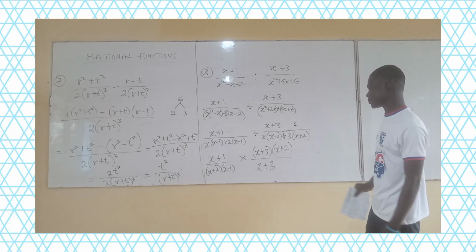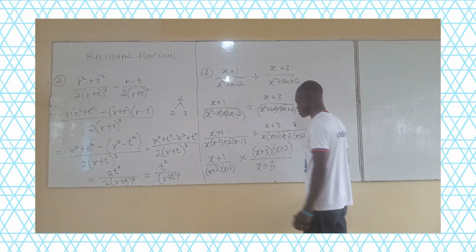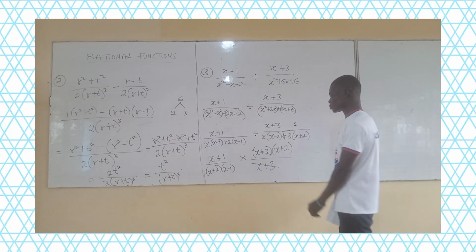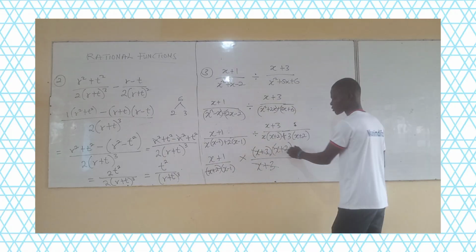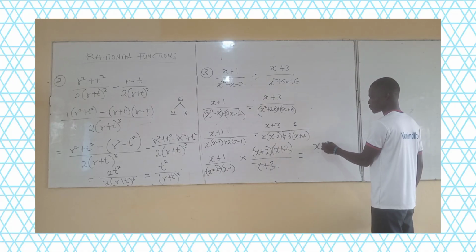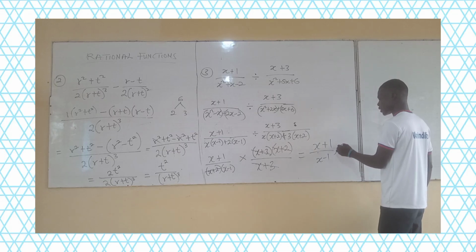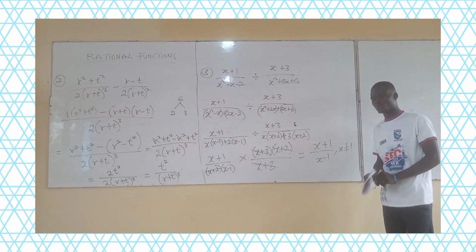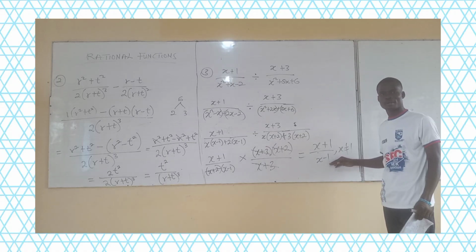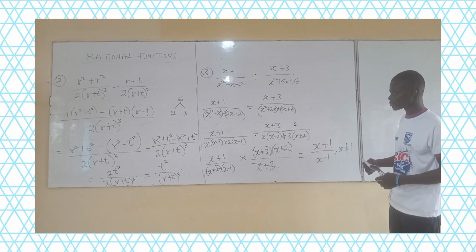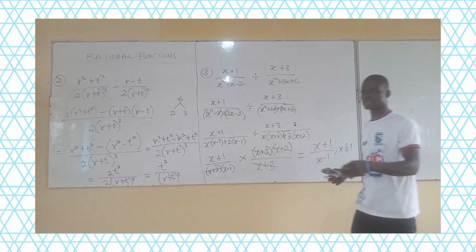So now let's take our time and do the cancellations. This is a factor, this can cancel. And x plus 2 here, I'll do the cross cancellation. So the remaining ones, we are going to get x plus 1 over x minus 1, where x is not equal to 1. So this is how to solve problem number 3, and it is very, very simple to solve this question.